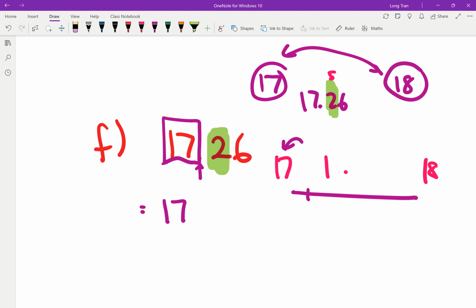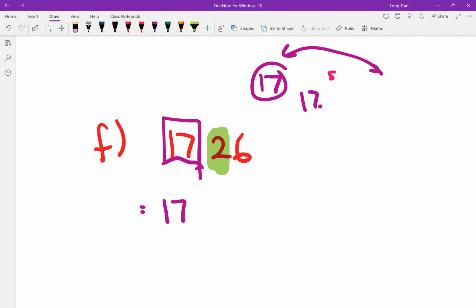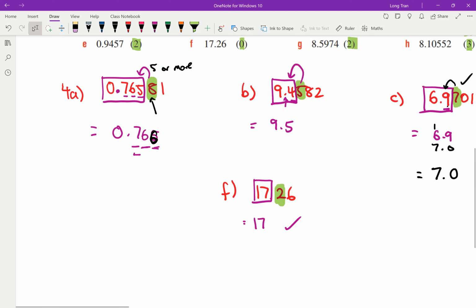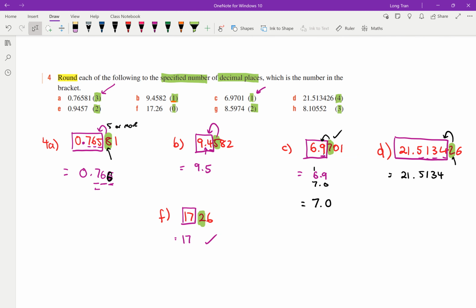That's the same idea, it's just that when it comes to rounding to 1 or 2 decimal places, students find it harder to understand. It's the same intuitive sense. So 17.26 is just closer to 17, and you can just write 17. Notice I didn't write 17.0 because we don't want any decimal places.